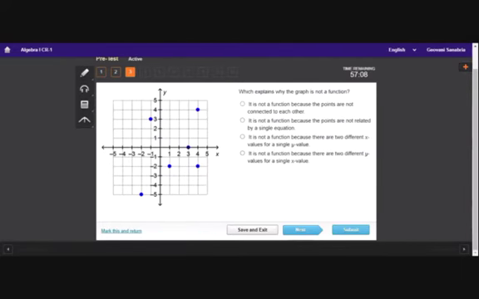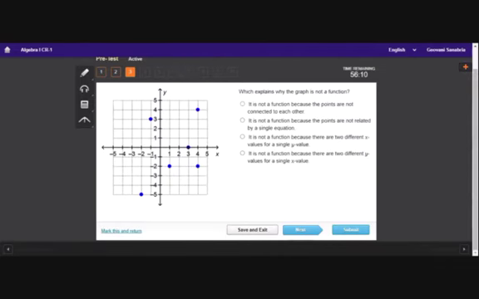Okay, which explains why the graph is not a function. There's a weird definition for functions, but if you plug in a single x value, you can't get 2 different y values for it to be a function.